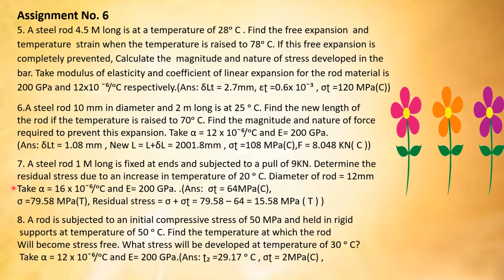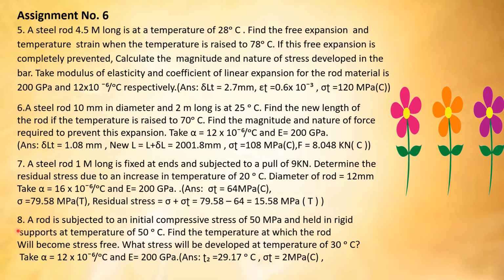Here temperature stress sigma T is equal to 64 megapascal compressive, and due to pulling force sigma is equal to 79.58 megapascal. Residual stress will be sigma plus sigma T. Tensile will be taken as positive and compressive stress as negative, and the residual stress is 15.58 megapascal tensile. Try it out whether you get the same answers.